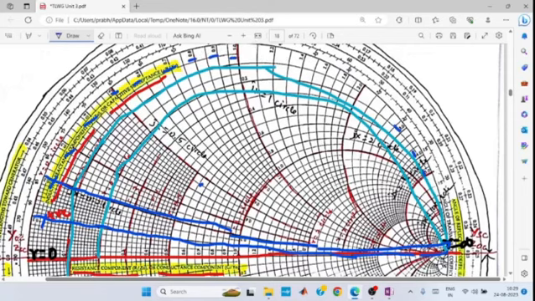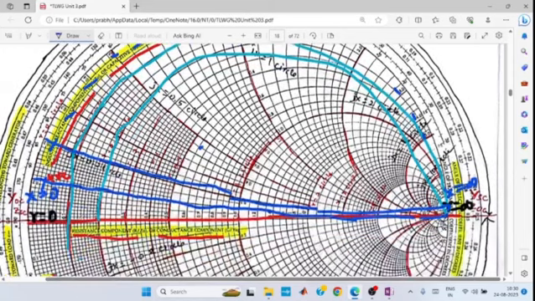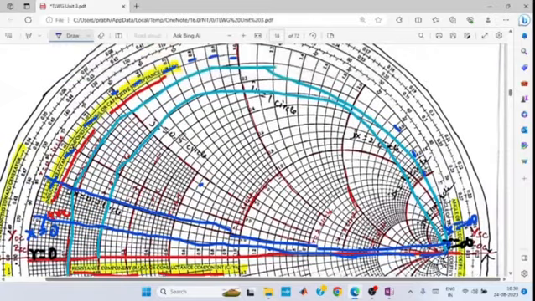So the reactance value is x equal to 0 here, and x equal to infinity there. The one I indicated in blue is the reactance circle, and the one I am indicating in this color is the resistance circle. So this is how the Smith chart is constructed.